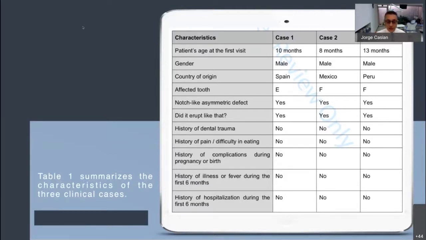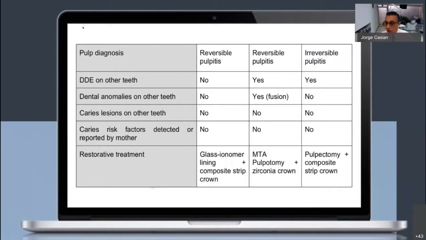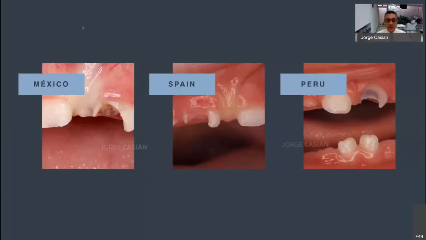No history of trauma, no history of pain, no history of complications during birth, no history of hospitalization during these first 6 months. And here we can see the treatment done on each clinical case. So we think that we are facing 3 identical clinical cases from 3 different countries.